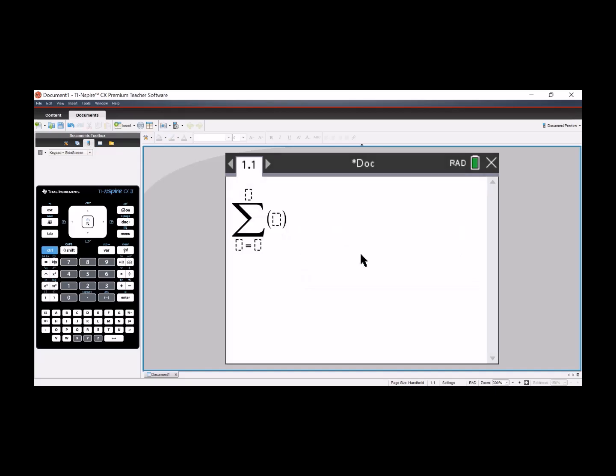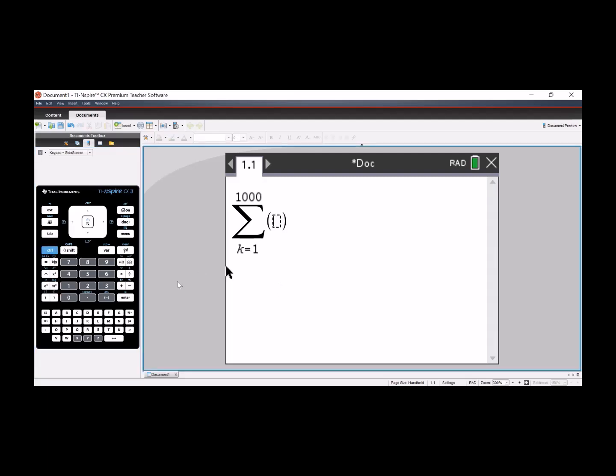The problem is we have to pick a number that's large enough, but not too big that the calculator gets stuck calculating for too long. So let's do the summation as k goes from 1. Let's try 1,000. I think that should be pretty big. So now that means that every place we have an n, we're going to put 1,000.